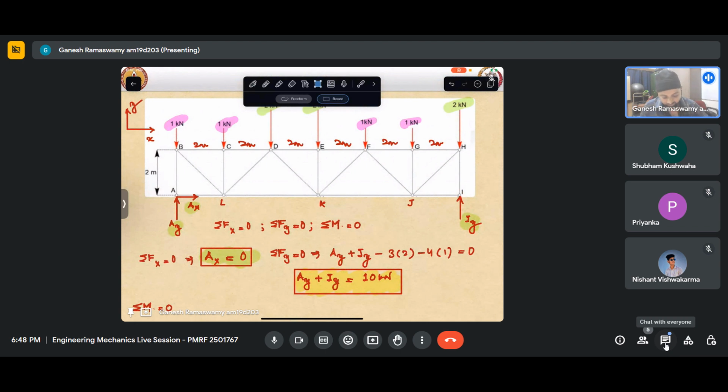So if I take moment about this I, I can eliminate the contribution of Iy because M is r cross F and r goes to 0. I can also see that this Ax passes through I, so it will not have any contribution. So at once I can find an equation that is only in terms of Ay, in which case I can solve for it easily.